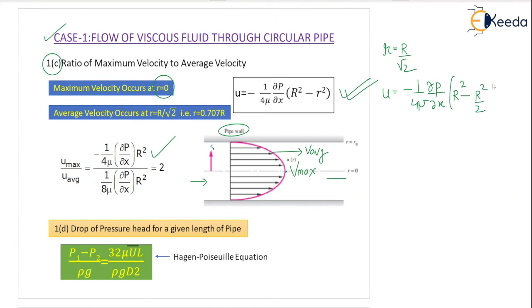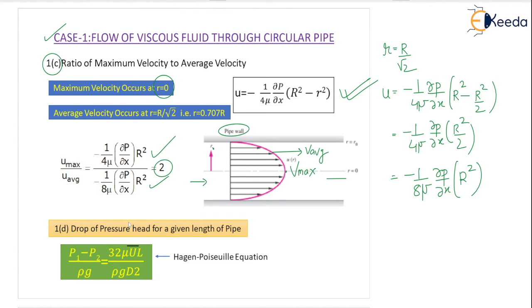If you simplify, minus 1 by 4 mu dou p by dou x into R square minus R square by 2, which is R square by 2. So finally it is minus 1 by 8 mu dou p by dou x into R square. Exactly what I have written here, you can see. Now if you take the ratio, you will get 2. What is the conclusion? Your maximum velocity is 2 times the average velocity.